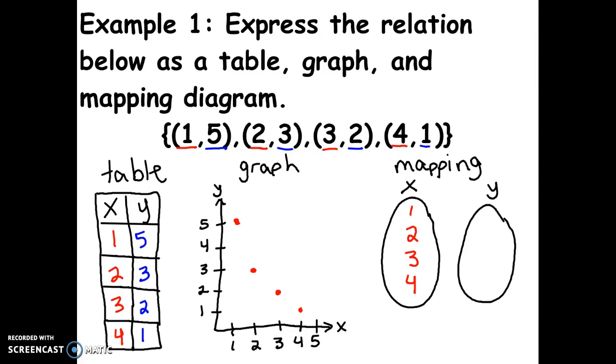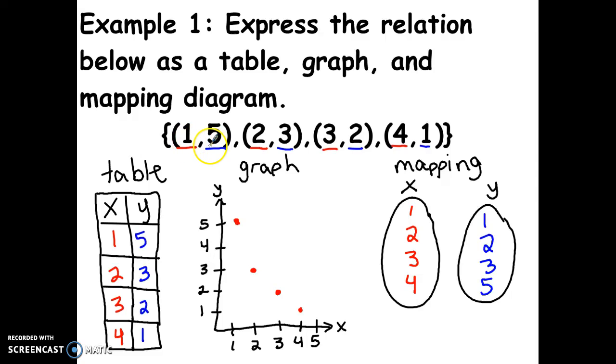Now, our Y values are not already listed in numerical order, so we will need to write them in numerical order. So rather than writing 5, 3, 2, 1, we're going to write 1, 2, 3, 5. Okay, now in order to complete our mapping diagram, we must draw arrows connecting our X values to their corresponding Y value.